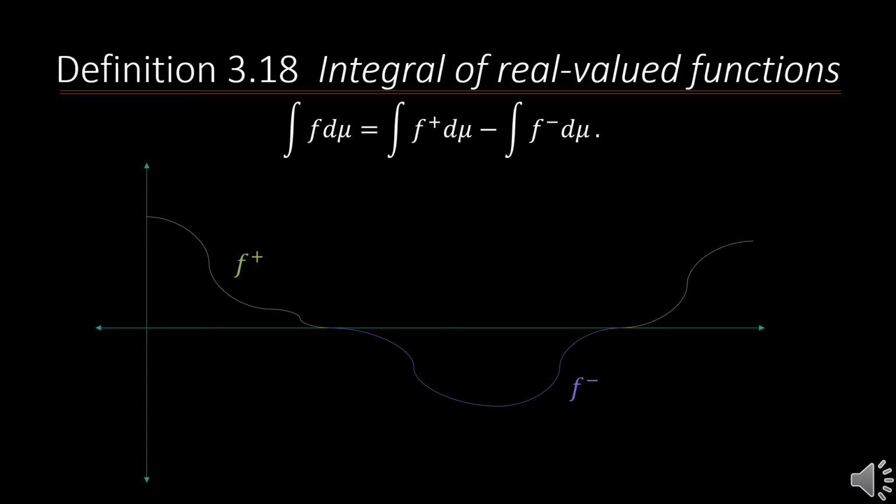Here I've made the positive outputs of f green and the negative outputs of f purple. Of course, it's a bit of an abuse of notation to say that this is f minus, because we need to bring it above the x-axis like this.